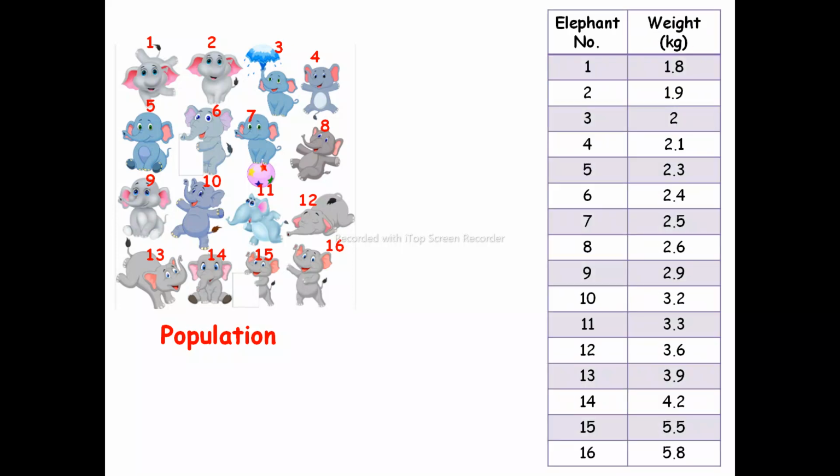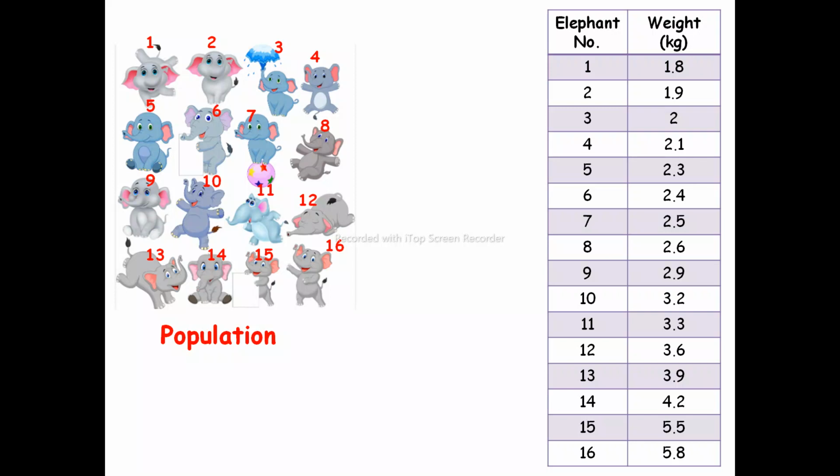So, as you can see in this table, two columns are there. One column is for the number of the elephants and the second column is their appropriate weight in kg. Elephant number 1, its weight is 1.8 thousand kg. Elephant number 2, its weight is 1.9 thousand kg. Elephant number 3, its weight is 2000 kgs. As the numbering is increasing, the weights are also increasing.